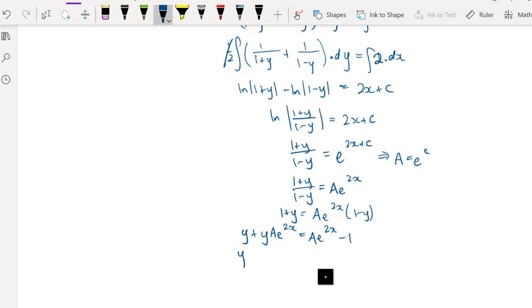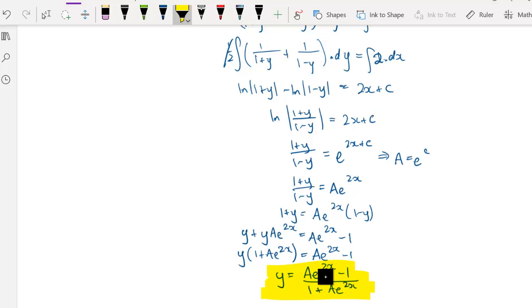When we take out the common factor of y, we've got y times (1 plus ae to the 2x), equal to ae to the 2x take 1. And then finally, when we isolate y, we've got ae to the 2x take 1, divided by the bracket, which is 1 plus ae to the 2x. So here we have our general solution.